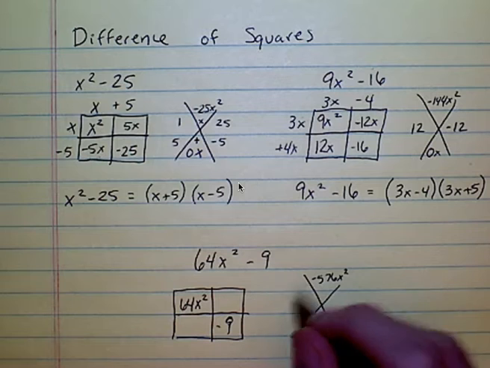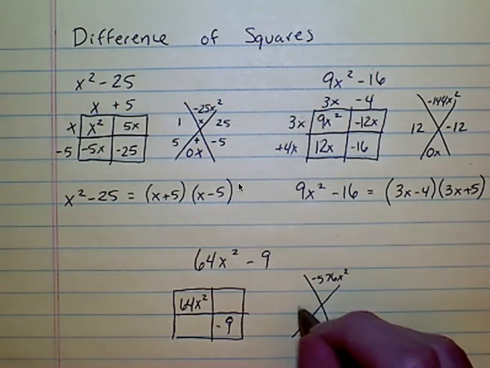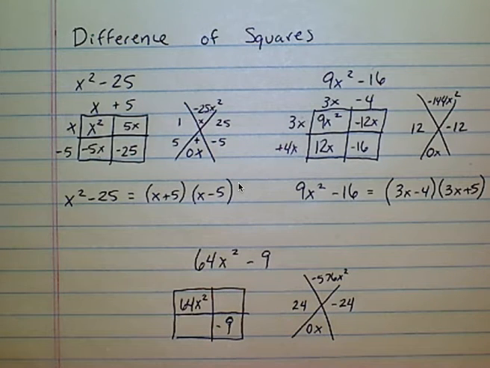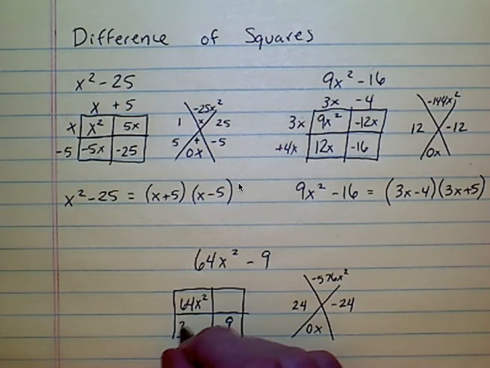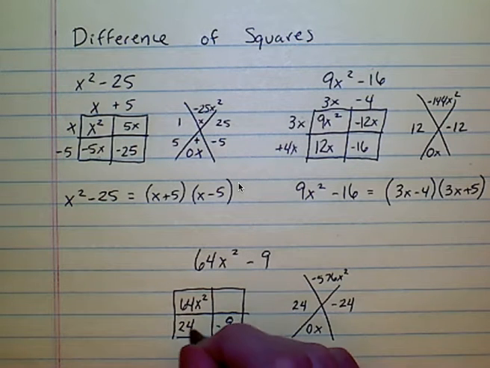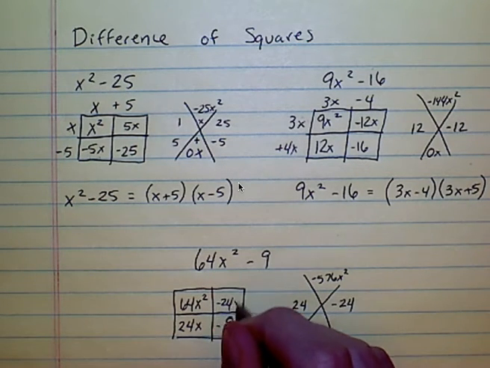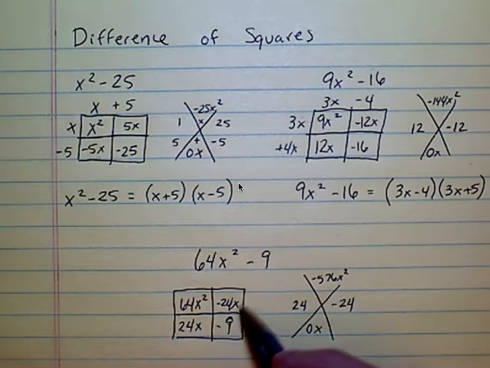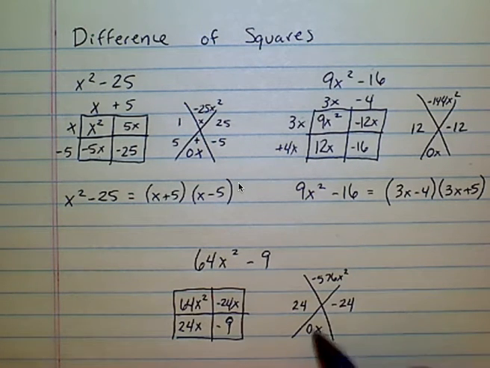But if you work your way through and guess and check if you don't know, you'll come out with 24 and negative 24 as your numerical values. So 24x and negative 24x go inside my area model. Again, we want these two pieces to add together to get me the 0x, because there are no x's in there, but they're still part of the area model.